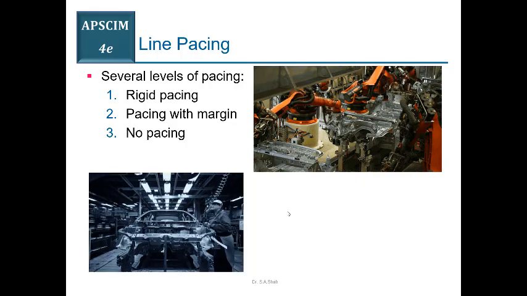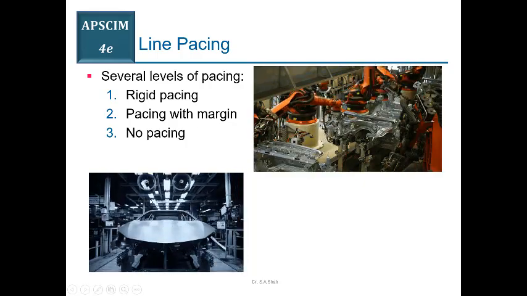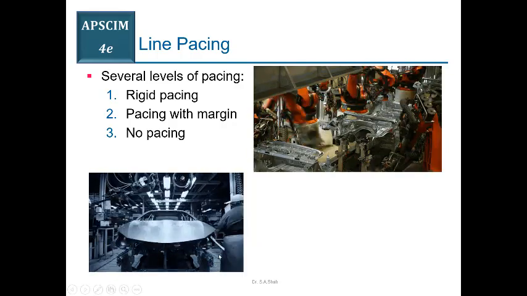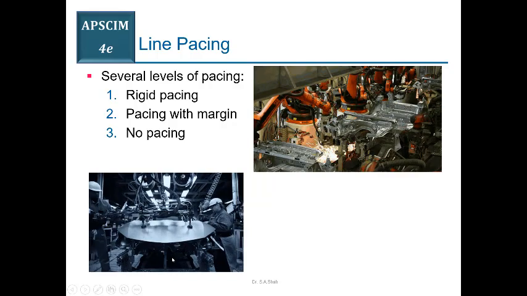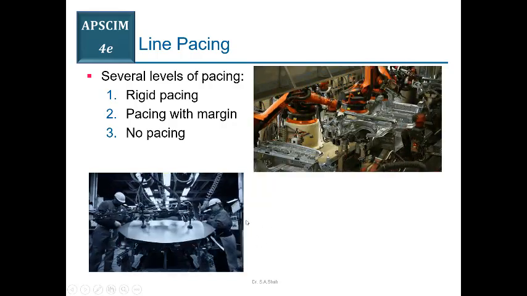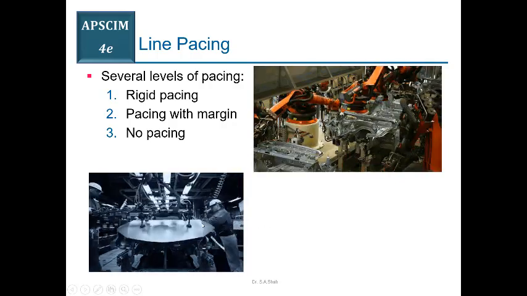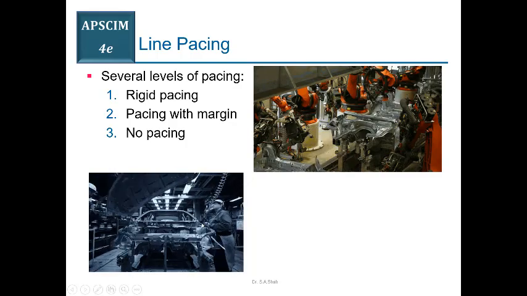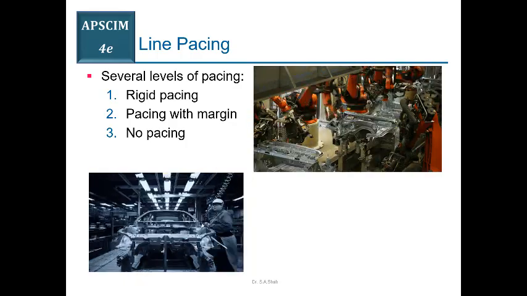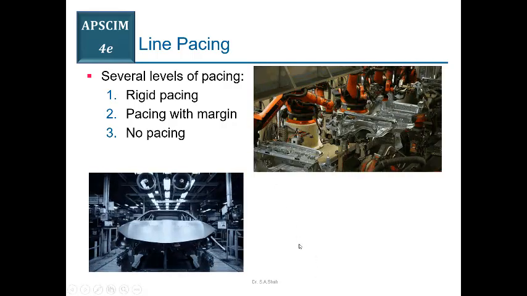So this is pacing with margin. And this second figure shows the second discipline in which the product is moving, and as that product arrives at a particular workstation, the worker starts assembling things with certain tools, and जब complete होगा, they have to go back to the starting point.